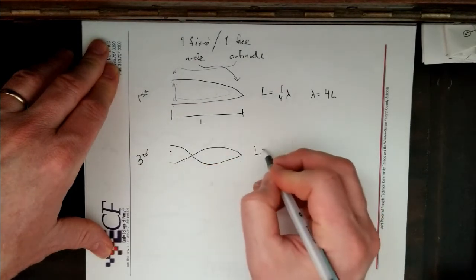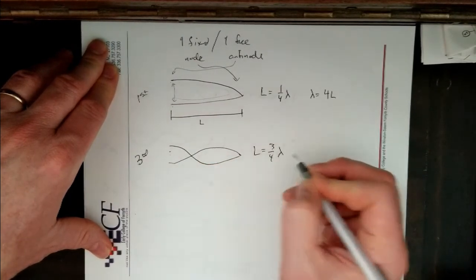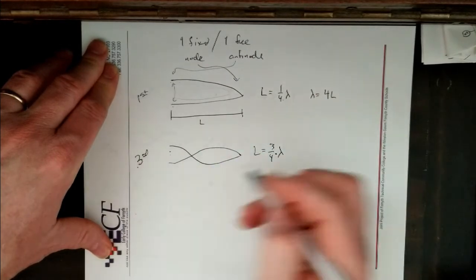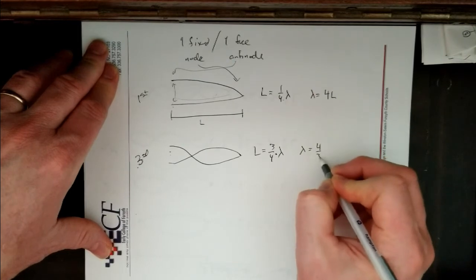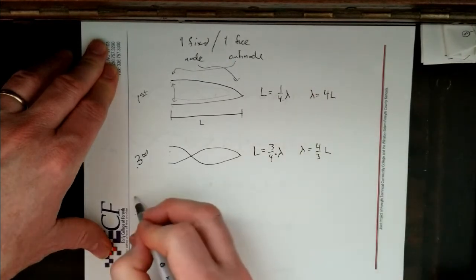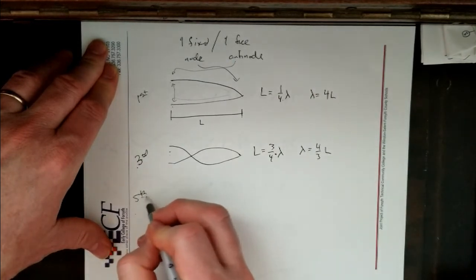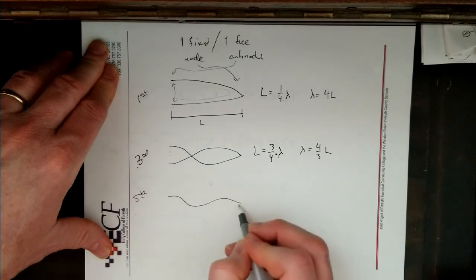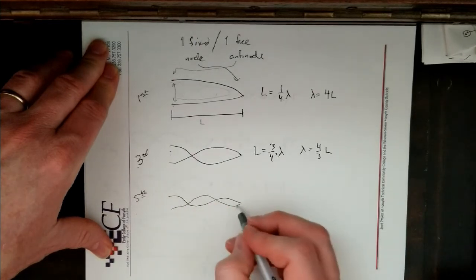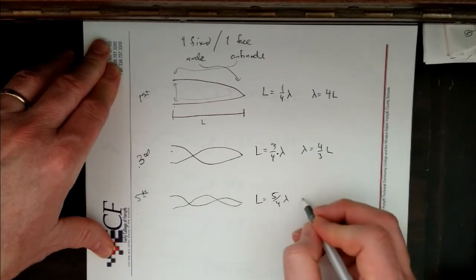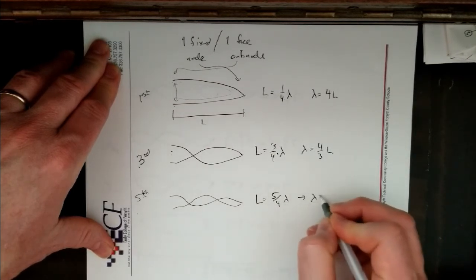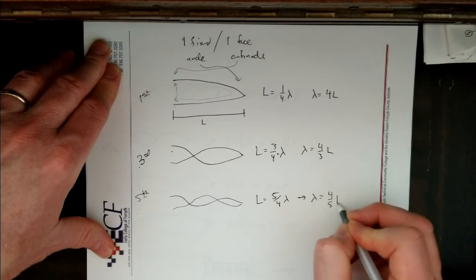So that is 3/4 of a wavelength. In other words, it's 3 times that. That's why it's the third harmonic. And so the wavelength is equal to 4/3 L. And then the fifth harmonic, it's 5/4 times the wavelength, or the wavelength is 4/5 times L.